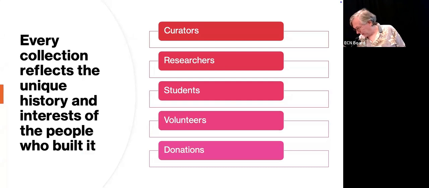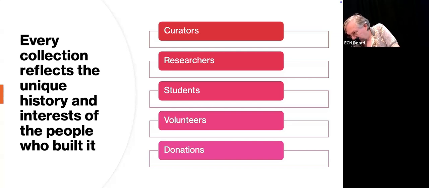Every insect collection is in some ways idiosyncratic. Every collection reflects decades to centuries of accumulated contributions from many different and unique sources. So we have a variety of different places from which we acquire material.